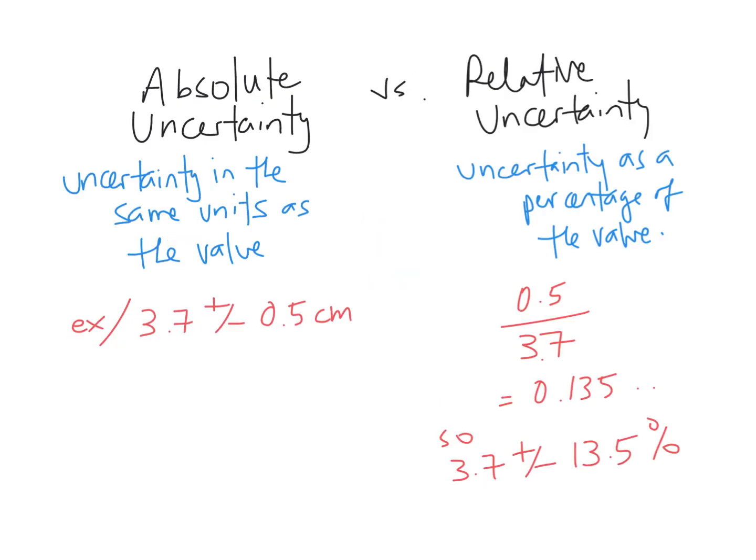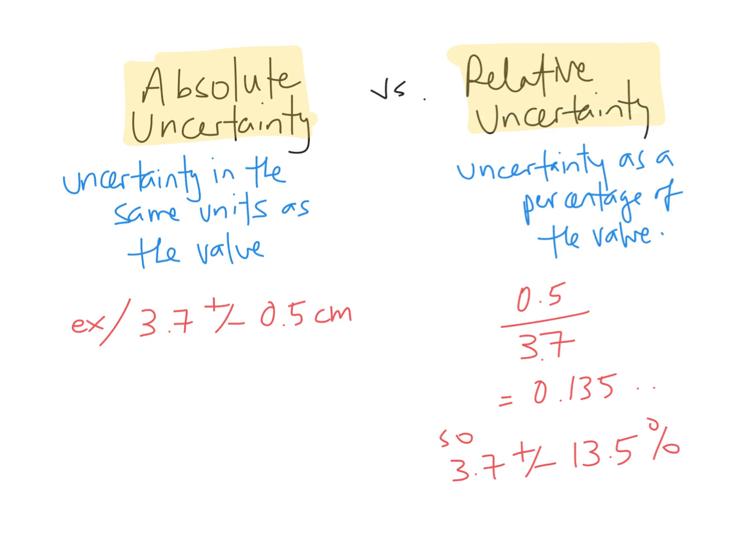Also worth mentioning is there are essentially two ways you can record uncertainty, and this is based in some practicality, because you can quickly communicate a little bit more about how precise a value is by converting the absolute uncertainty into what we call the relative uncertainty.